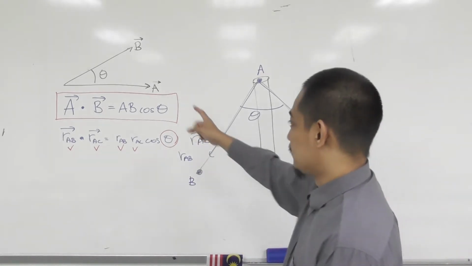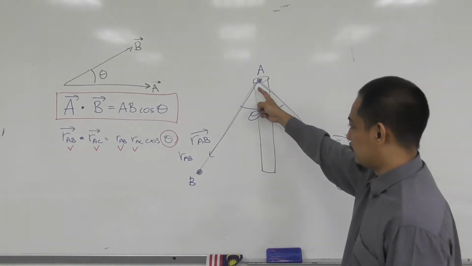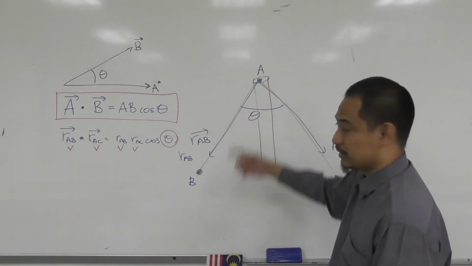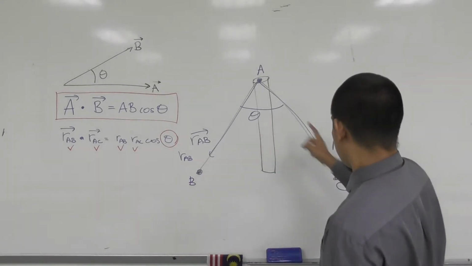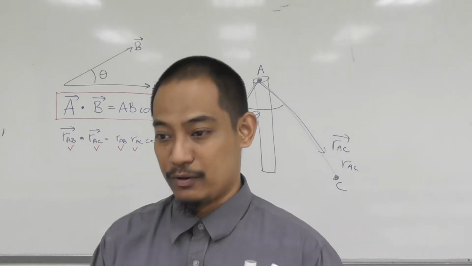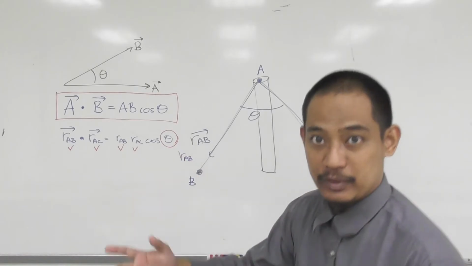One of it is dot product. Can I use dot product here? Yes, I can, as long as I can get this vector and this vector. Can I get it? If I have coordinate and coordinate, I can get a vector. And then that's how we process things. All right. So that's how you use dot product to compute angle between two lines.